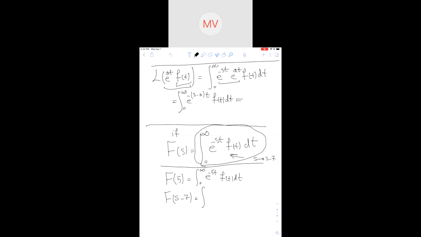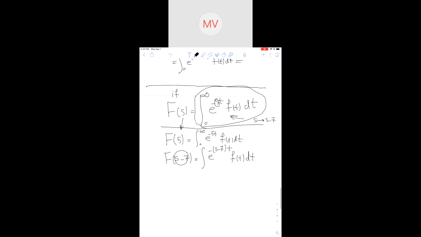Is that what I do? Yes or no? The answer is yes. I mean, think about it. What did we do from here? We simply replaced s with 5. Well, we do the same thing. Wherever we see s, we replace that with s minus 7. So it's going to be the integral of e to the negative (s minus 7) times t, f of t dt. Okay?